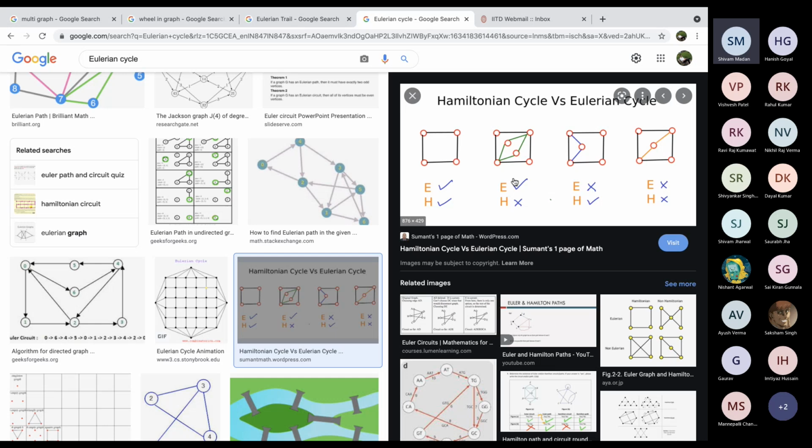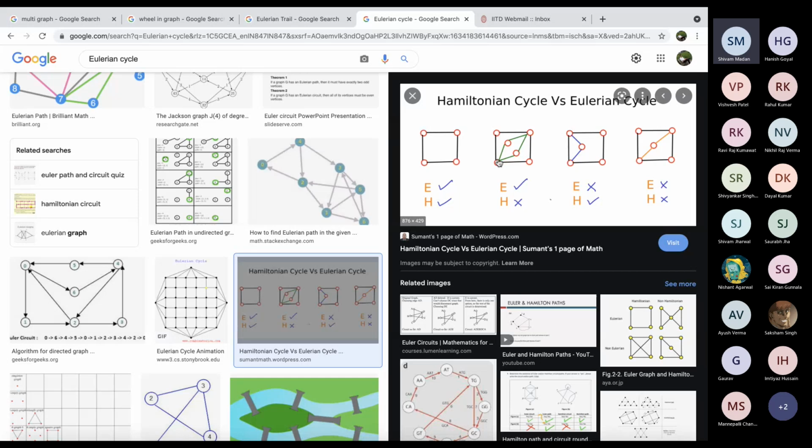Now if you take this one, okay. Now see that this is an Eulerian graph. Why? Because you can start from here, go this by the black cycle. So this to this, this to this and this, and then go with the green. So this. See, we have a walk, right, which contains every edge exactly once.